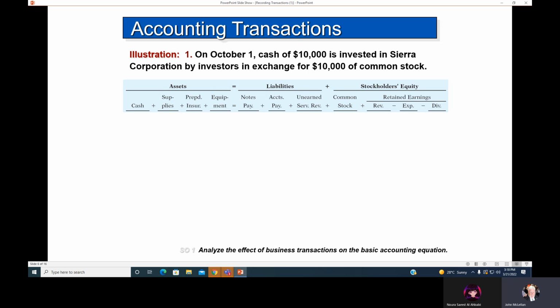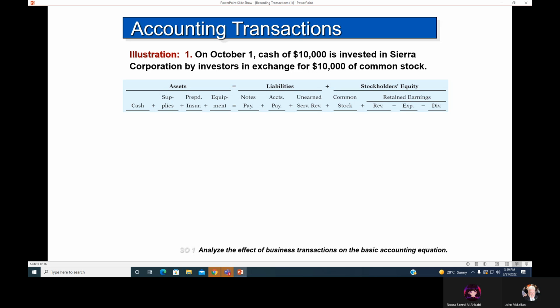Now look at the transaction. What accounts were affected? Cash is one. And what? Common stock. Very good. Did cash go up or down? Up. Yes, the company has more cash. Did common stock go up or down?